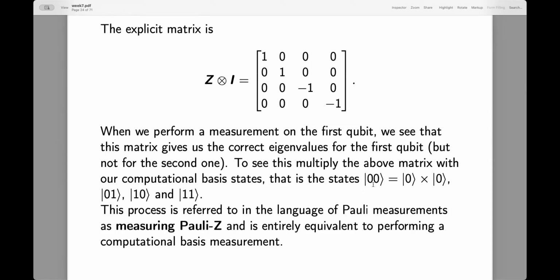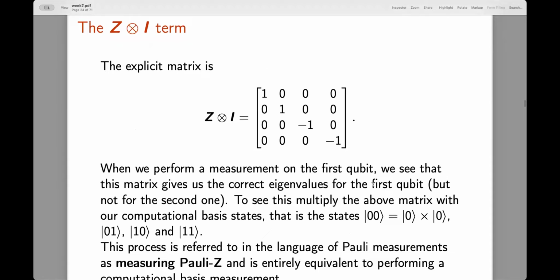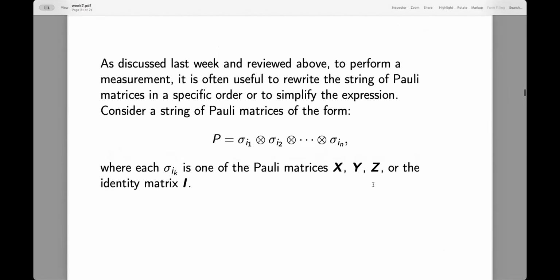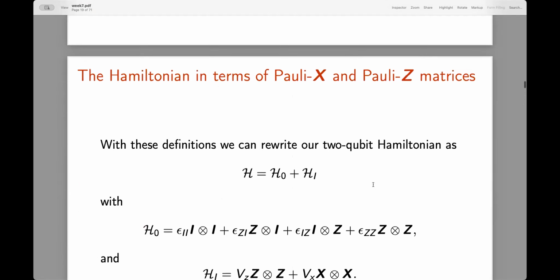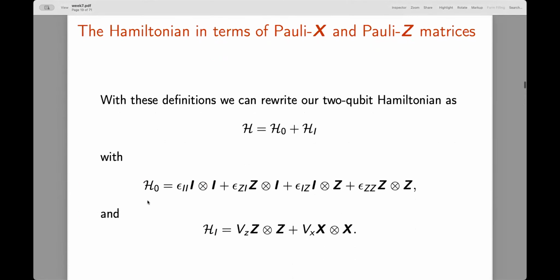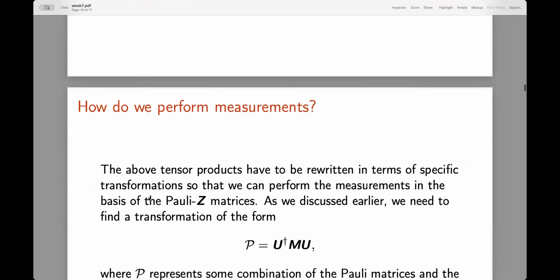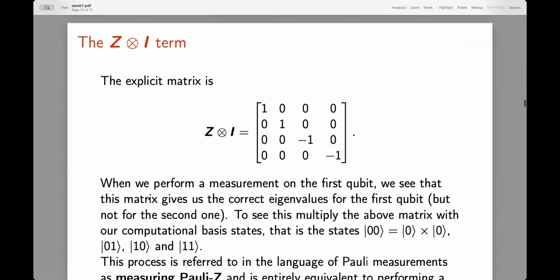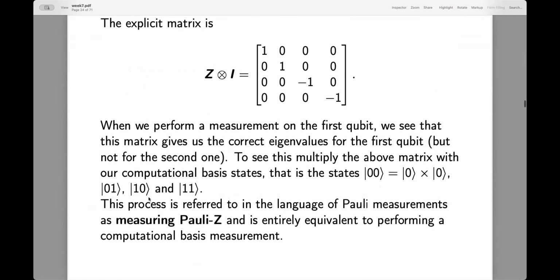So my computational basis, which is also, if I go back a little bit, this computational basis is also an eigenbasis of this H0, the diagonal part. And that means that one part of the Hamiltonian can actually be solved exactly.